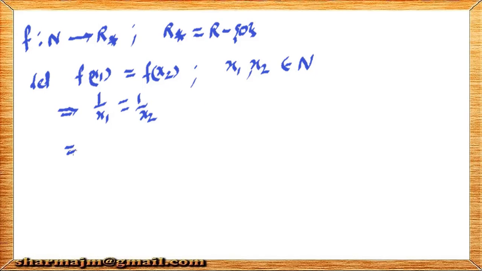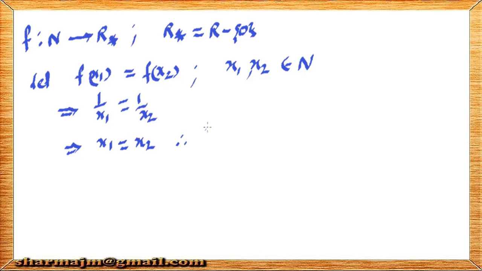Now, whenever you take the reciprocal of a natural number, it will be a fraction, except 1, since 1 by 1 is 1. So two different natural numbers have different reciprocals, which implies x1 equal to x2.